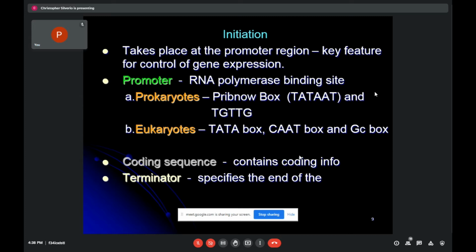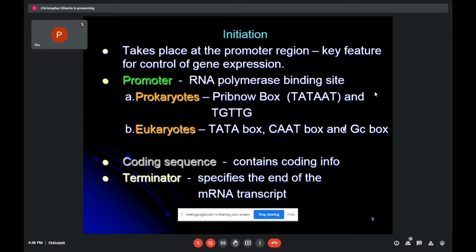And then there's also the terminator sequence, which is specified at the end of the mRNA transcript, or at the end of the DNA sequence.